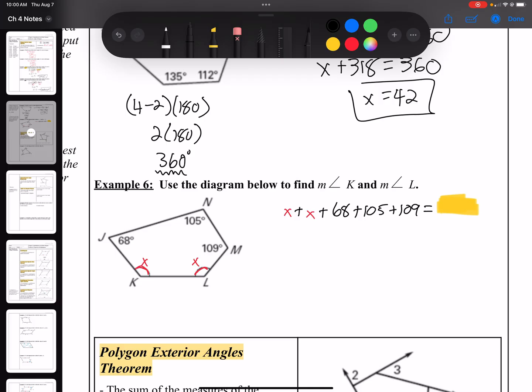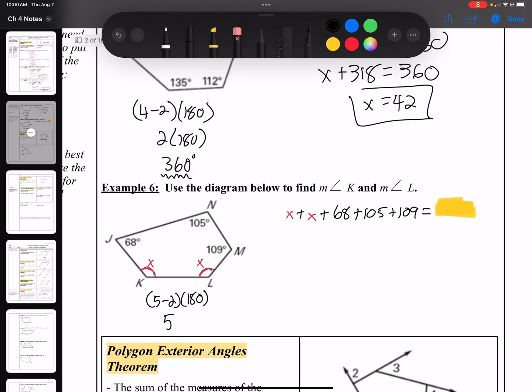And again, if you're having trouble counting the sides, you could also count the angles because the number of angles in the interior will always equal the number of sides. So we've got 1, 2, 3, 4, 5, so it's 5 sides. So 5 minus 2 times 180 will tell us what that angle sum should add up to. 5 minus 2 is 3. 3 times 180 is 540.